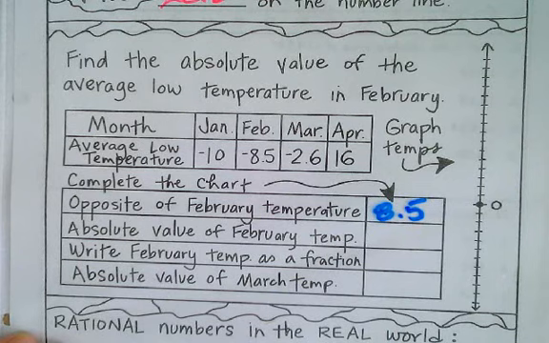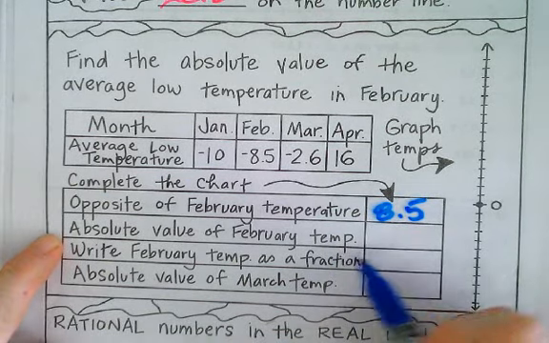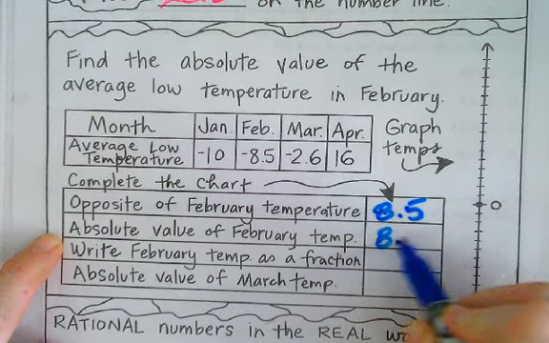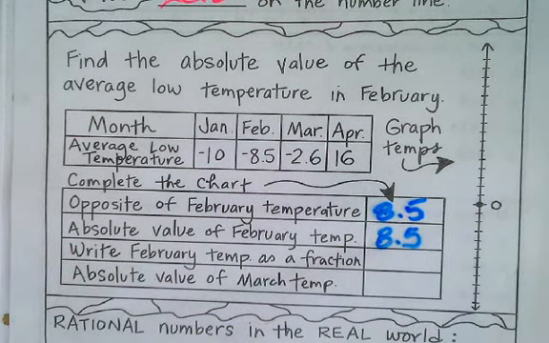Absolute value of February temperature. We did absolute values. We know that absolute value is always, always, always what? Yes, positive. Thank you for those of you that answered. So absolute value of the February temperature is going to be 8.5 because it has to be a positive number.